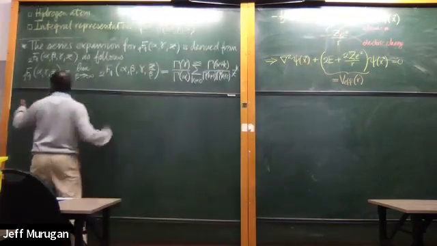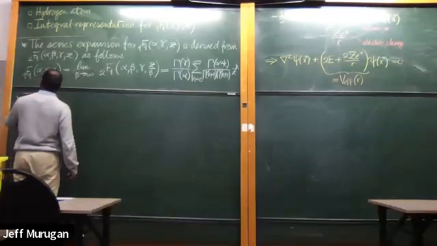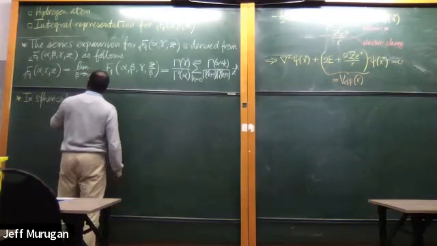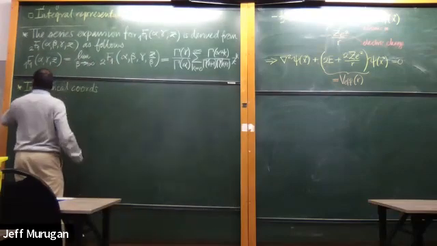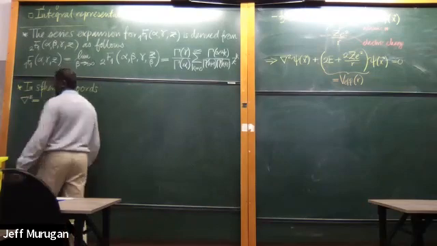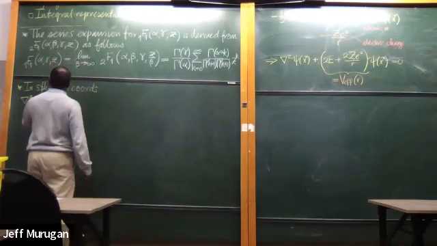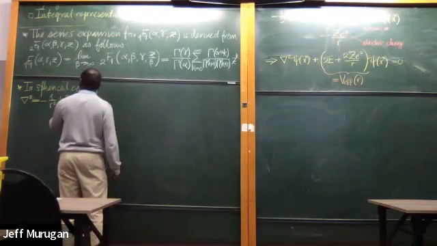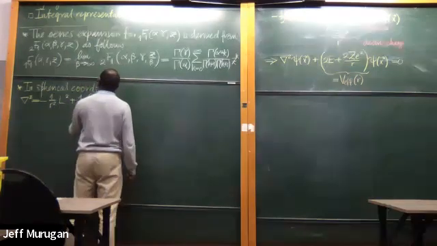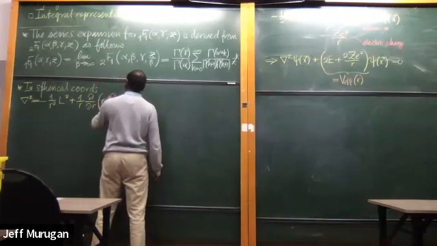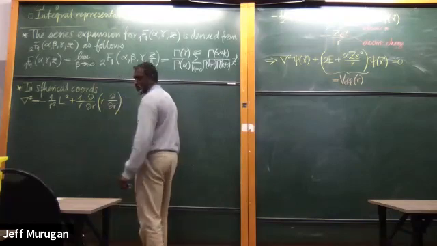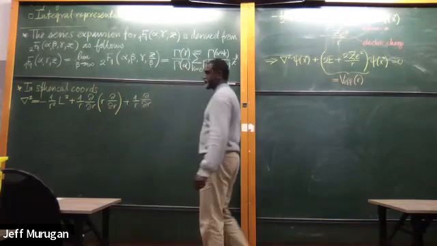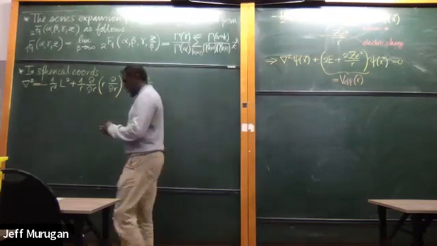So in spherical coordinates, the Laplacian operator looks like minus 1 over r squared L squared plus 1 over r d by dr acting on r d by dr, where this L squared is the angular momentum operator.